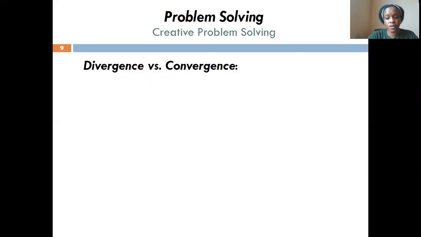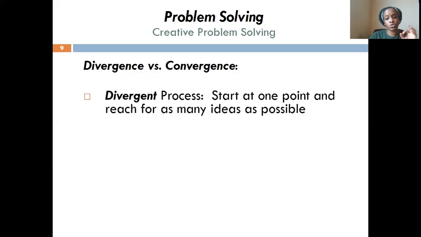Research has shown that when we're solving a creative type problem, we have two stages in that process. The first stage is what we call the divergence stage, and the second stage is what we call the convergence stage. A divergence, as the name would imply, would be to start at one point and reach out for as many ideas as possible.